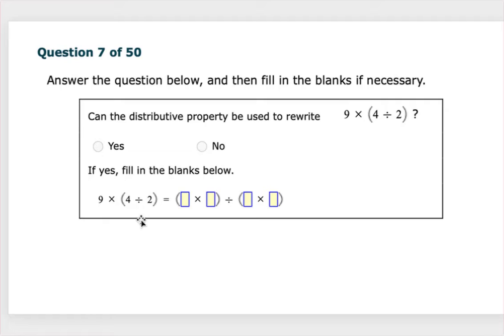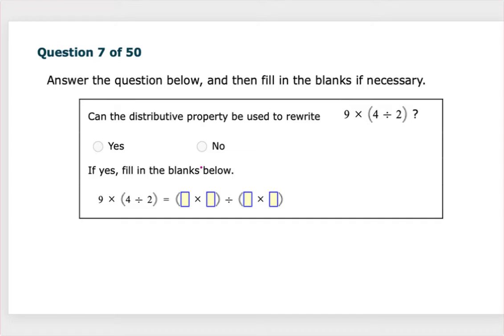Question 7. Answer the question below and then fill in the blanks if necessary. Can the distributive property be used to rewrite 9 times 4 divided by 2? Okay, so when you're looking at this, this is not distributive because distributive always has a plus or a minus here.